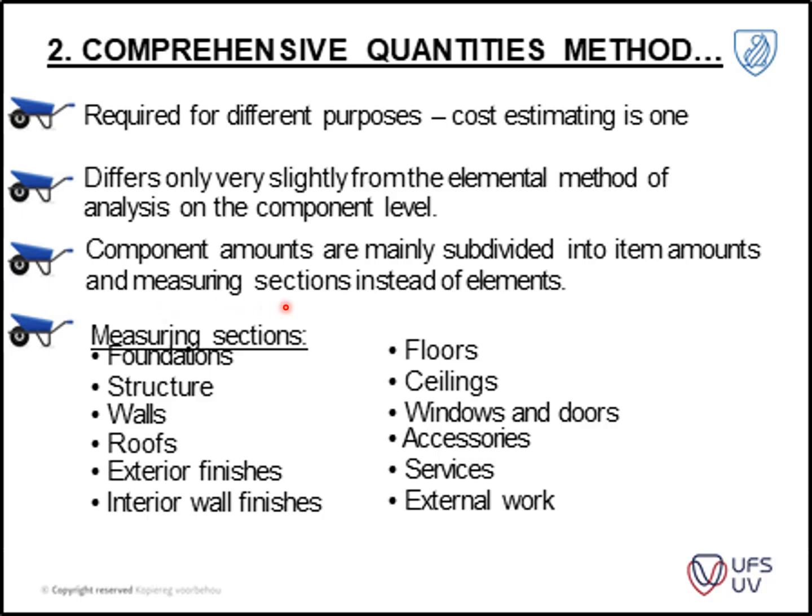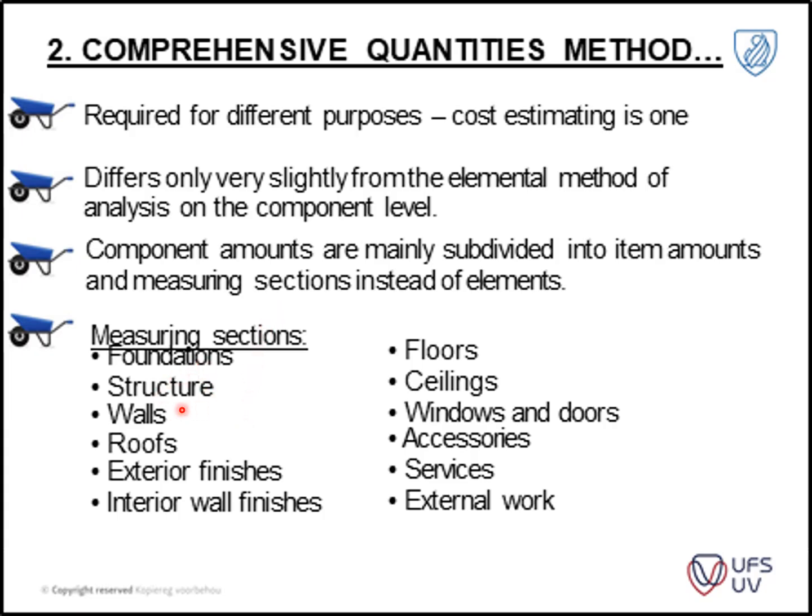So what you're basically doing is you've got your groupings of your quantities as per your elemental method up to component level, but then underneath each one of those you take what contributes to that component and you break it down further. So it's the trades that are included in that component, you break it down further, depending on the amount of information you've got and the time that you've got available to actually do that breakdown.